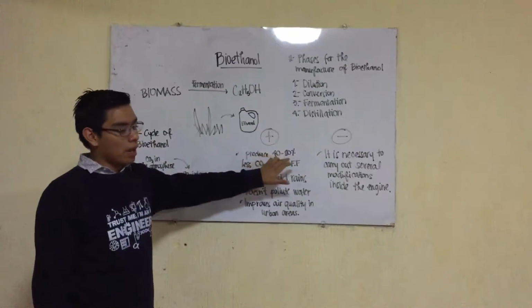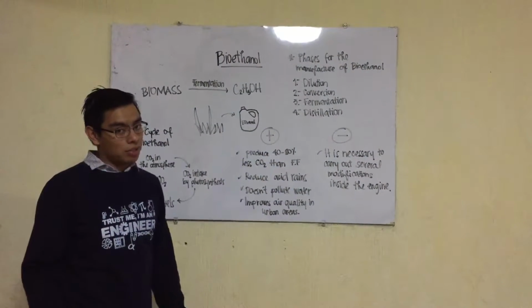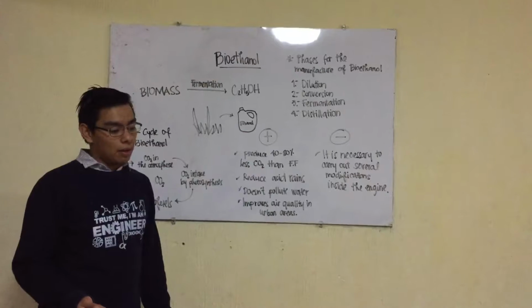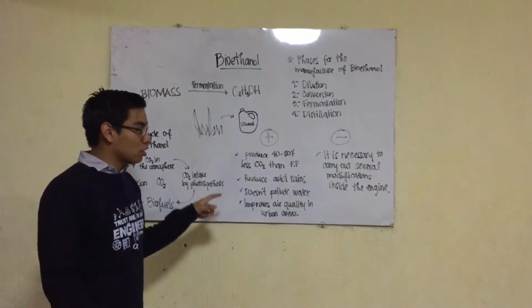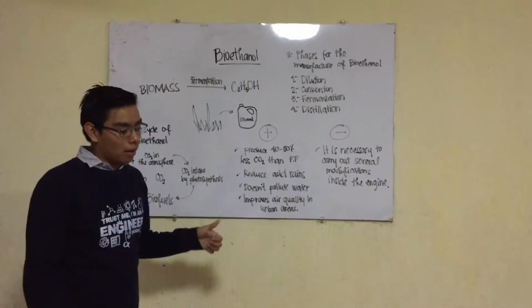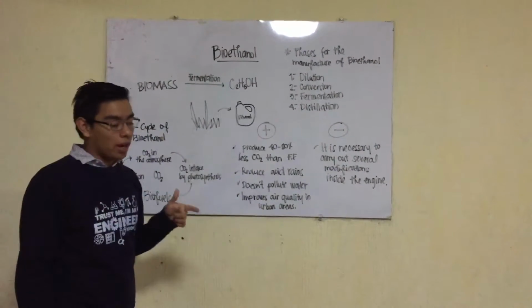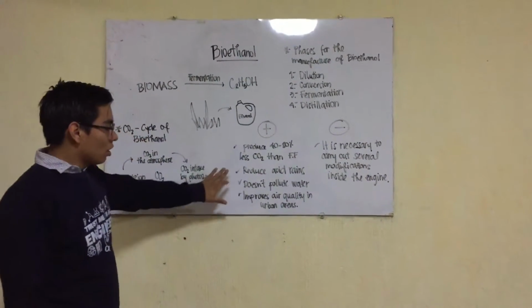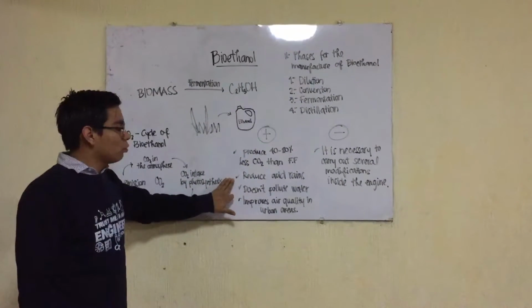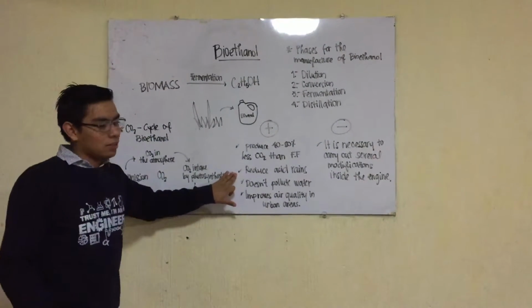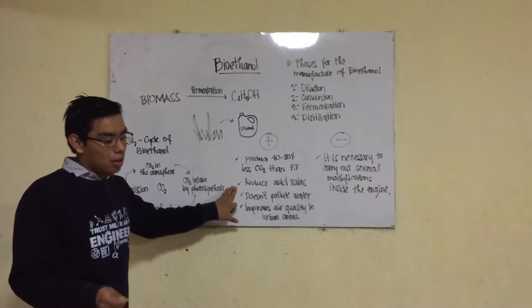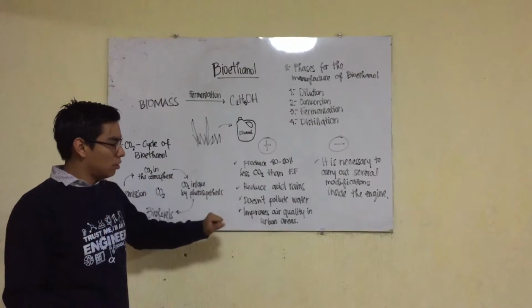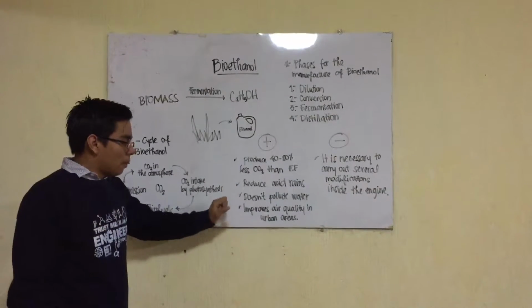This is a high percentage because the quantity of CO2 that fossil fuels produce per year is too high. The use of bioethanol reduces acid rain because the production of CO2 is lower than using fossil fuels.